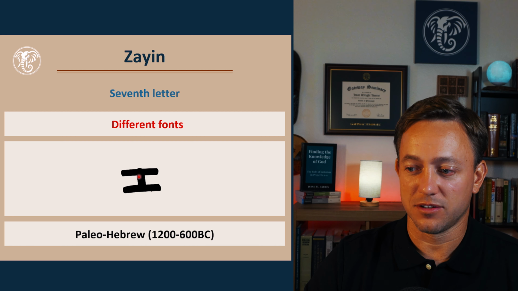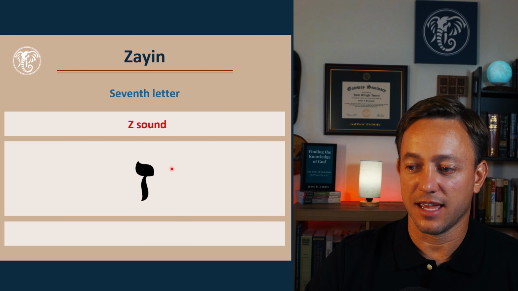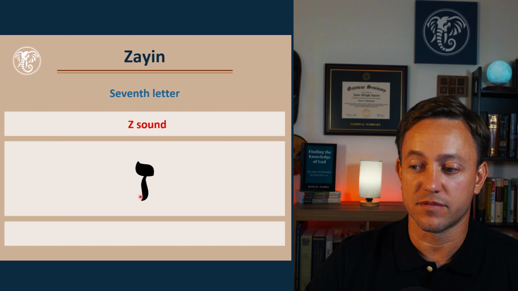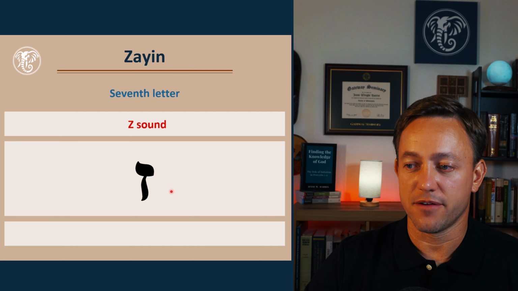Just with a little bit more of a diagonal line here instead of a vertical line. And again, similarly, in our later Hebrew, they simply have the sort of vertical line and just the top piece, and they sort of simplified or got rid of that bottom piece. But you can see how it was derived.